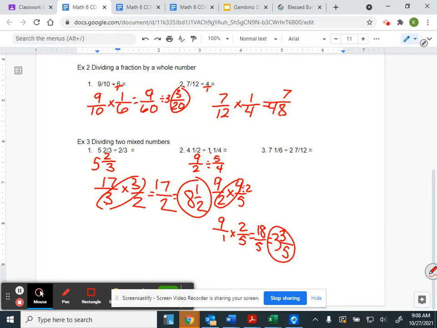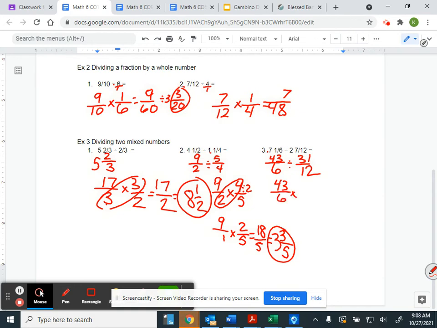Last one, 7 1/6. That becomes 6 times 7 is 42. Plus 1 is 43 over 6, divided by 12 times 2 is 24. 24 plus 7 is 31. So now I'm going to rewrite it as a multiplication.